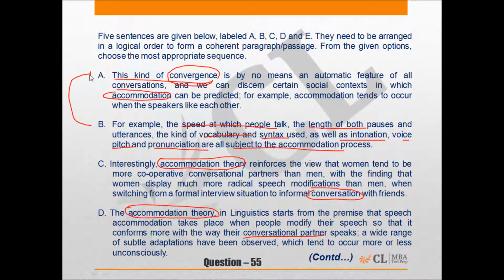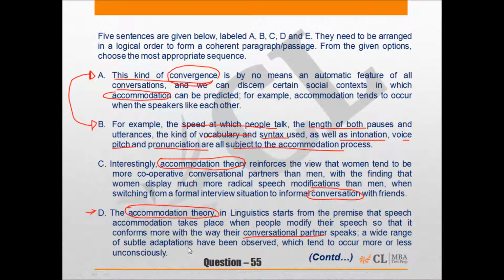So we do know that there has to be a link between B and A, and we also know now for sure that B has to precede A, that there is a mandatory pair, and that is B and then A, right? So that's what we have figured out so far from reading A and B. Again, as I said, C talks about conversations and accommodation theory, but then we know for sure that before C we have to fit in D somewhere, because D is a definition of the accommodation theory.